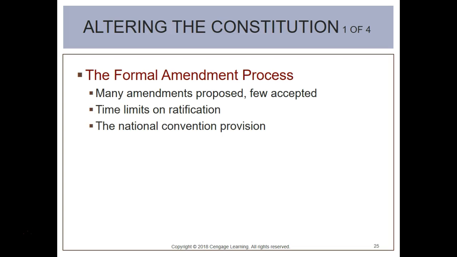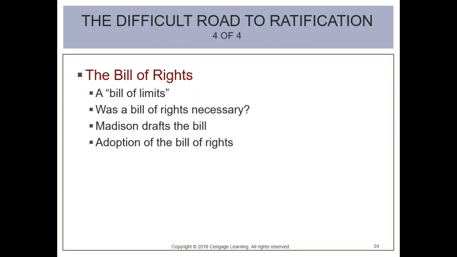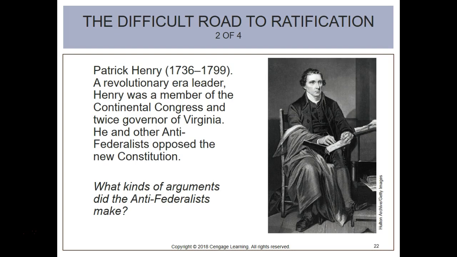So the leaders of the Anti-Federalist movement, some of which, for example, Patrick Henry, were very much opposed to the new document, the new Constitution. And you have to remember that these people were very skeptical of a large government.